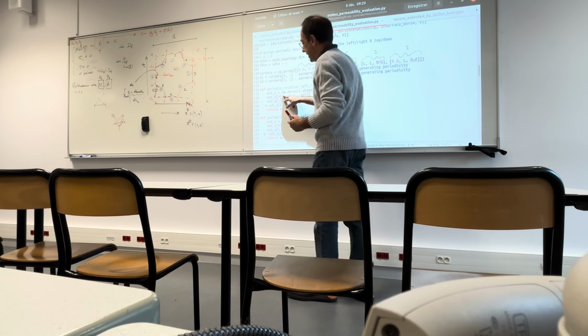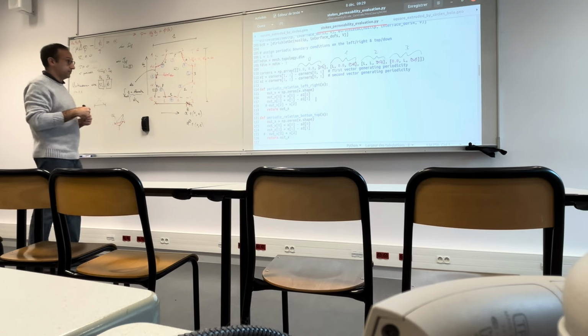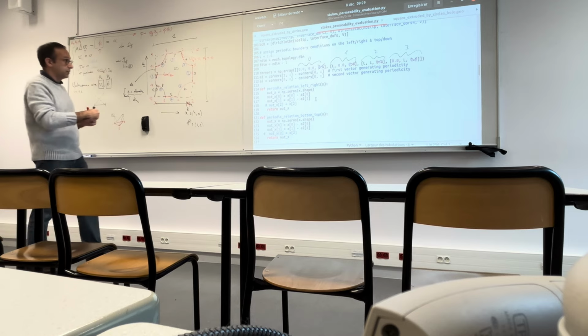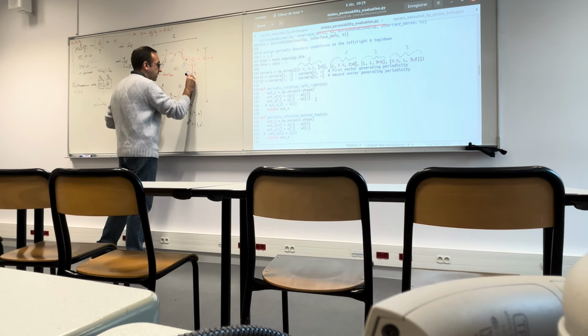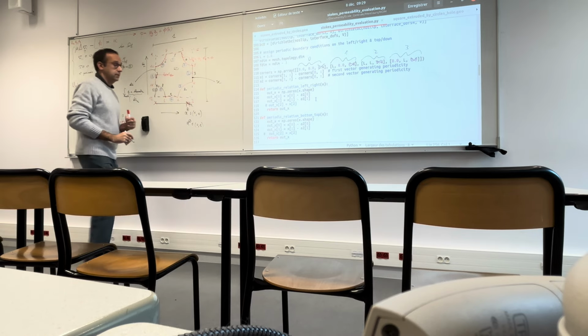So you are assigning the slave coordinates starting from a master one. Imagine that you have a point here that is your x. So your output x is what?